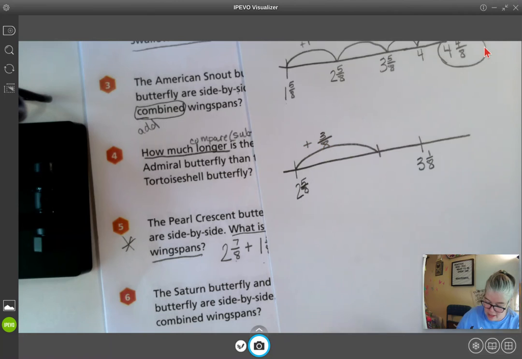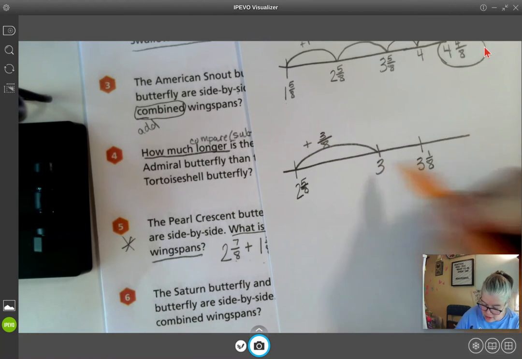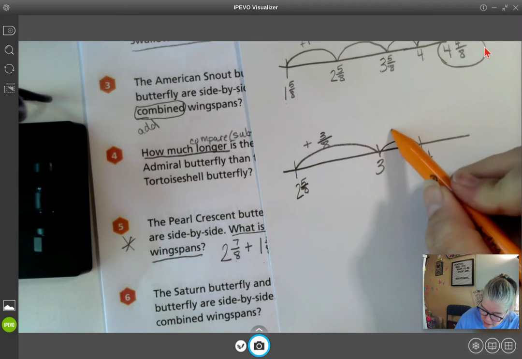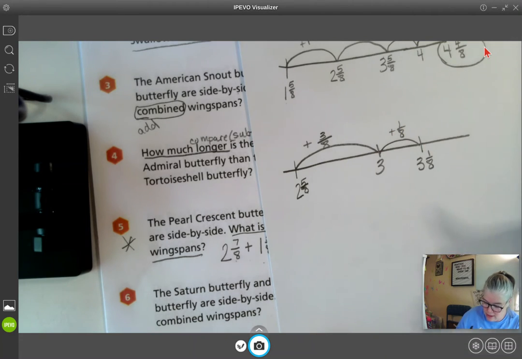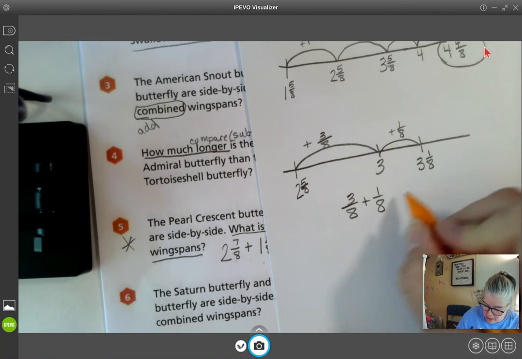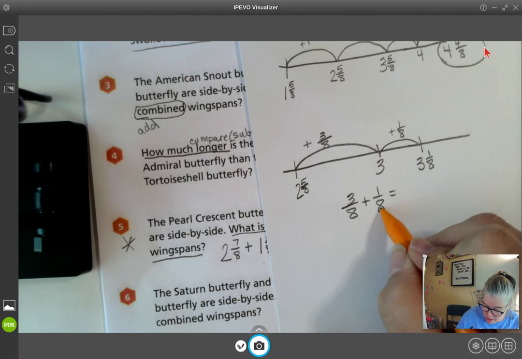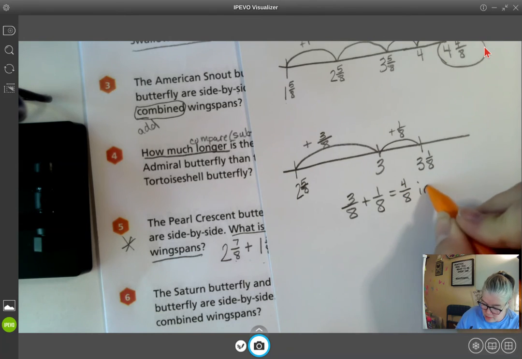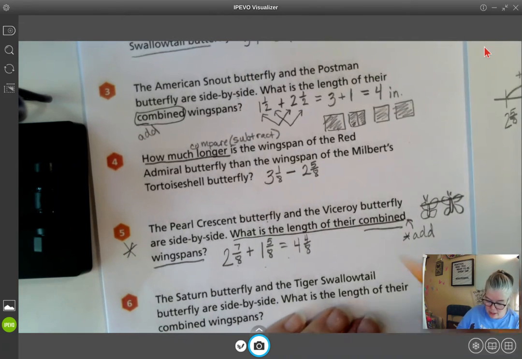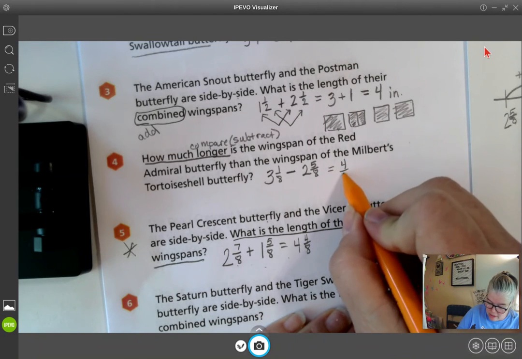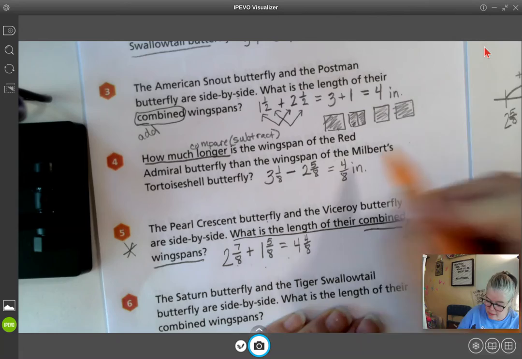And then I'm going to jump up to 3 1/8. That's adding another 1/8. So I know I jumped 3/8 plus 1 more 8, and that would give me 4/8. So my answer there is 4/8 of an inch longer.